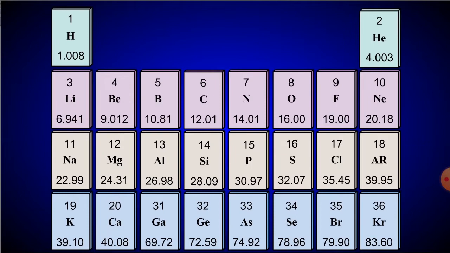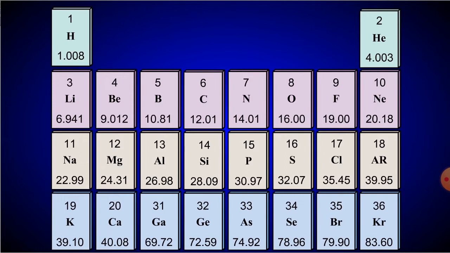Protons are positive, electrons are negative, but they are equal in number. That's why we said in the last lesson the atom has 0 overall charge, because they are equal in number and opposite in charge. So from knowing the proton number, the atomic number, we can also know the electron number in the neutral atom.